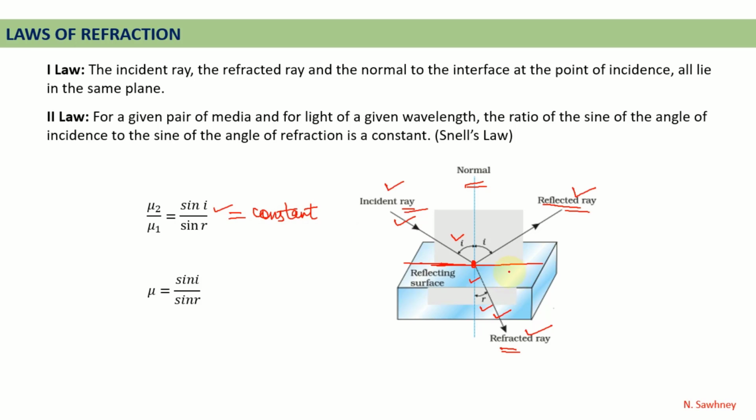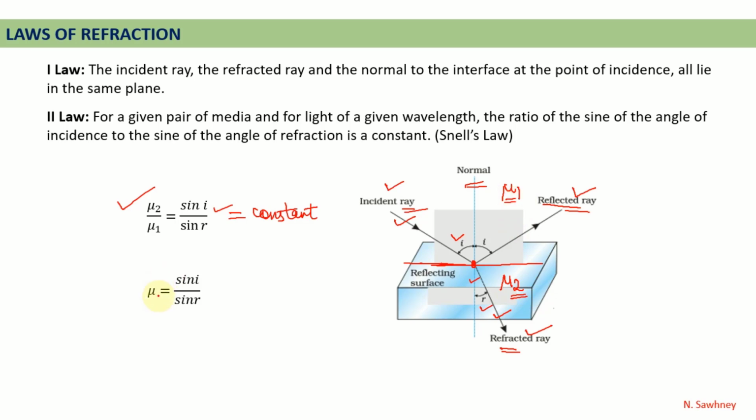Let us suppose that the refractive index of the other medium is represented by mu2 and the refractive index of the first medium, if it is air only, then also its refractive index is represented by mu1. Then the ratio of sine I upon sine R will be a constant, and that will be equal to the refractive index of the other medium divided by the refractive index of the first medium.